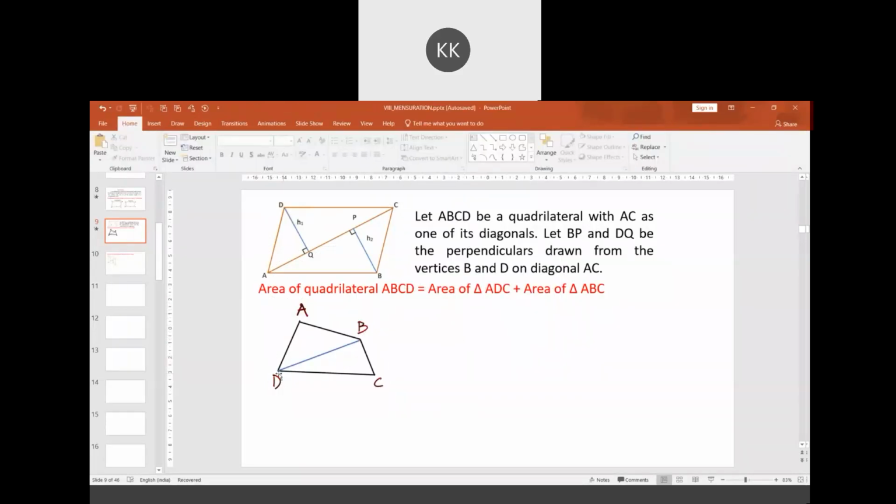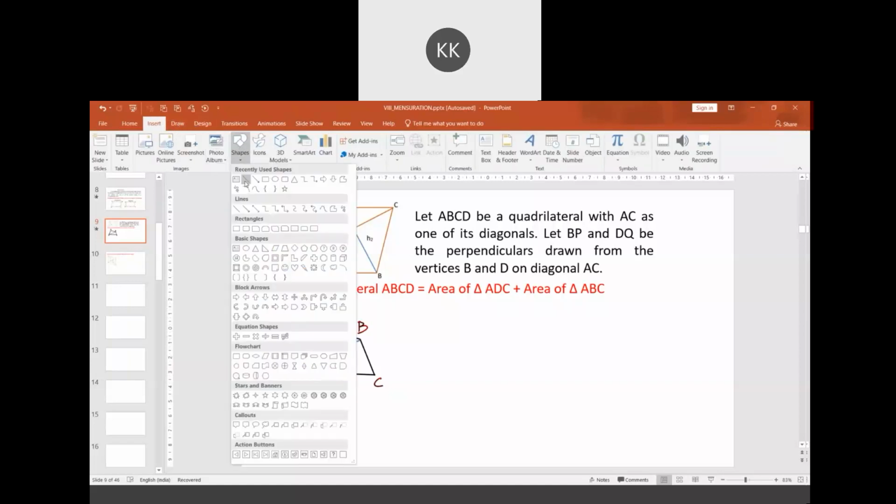To one of the diagonals, if I draw perpendiculars from A as well as C, I'll get two perpendiculars.